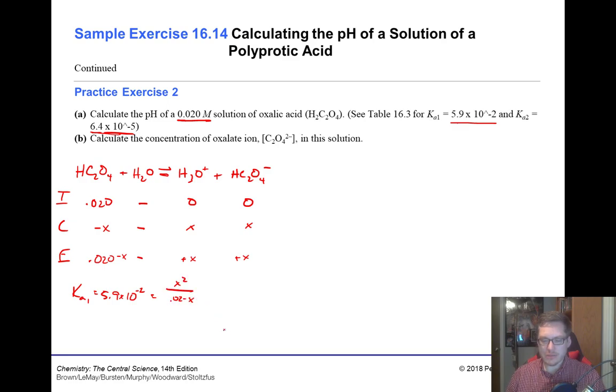And you might be asking yourself, well, can we neglect this x? Can we ignore it? No, because if we did, this would be 2.0 times 10 to the minus first, and this is times 10 to the minus second. They're too close to neglect, so we actually have to solve the quadratic here. Hopefully you know how to solve quadratic problems by now. You just take this denominator, multiply it over, distribute it, subtract it over, and then set it equal to 0.